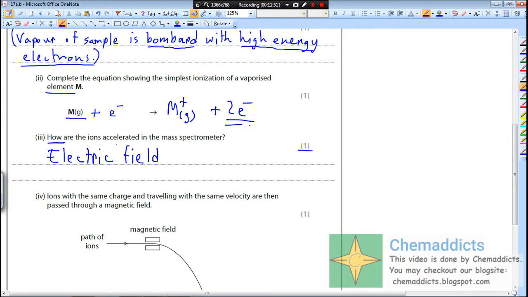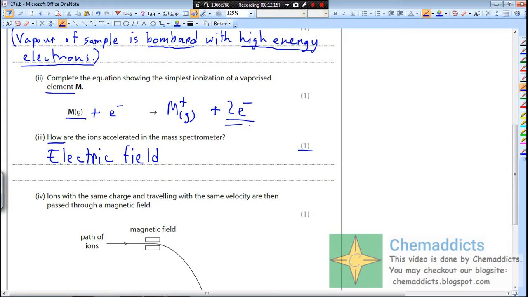Then they go to the velocity selector, where the ions will have uniform velocity, then they pass through the magnetic field. So there are three sections: one section is the electric field, another is the velocity selector, and another is the magnetic field.